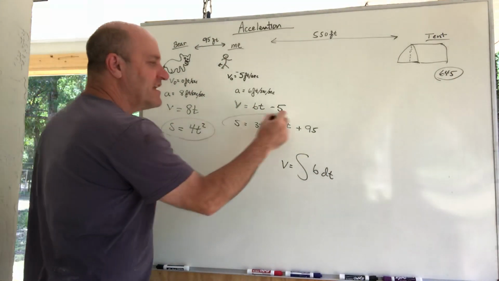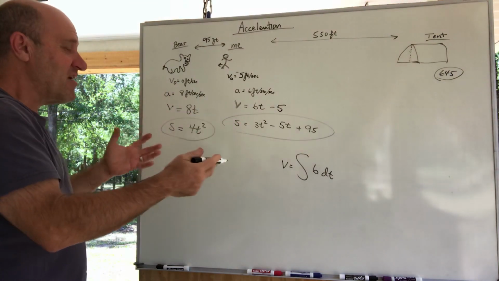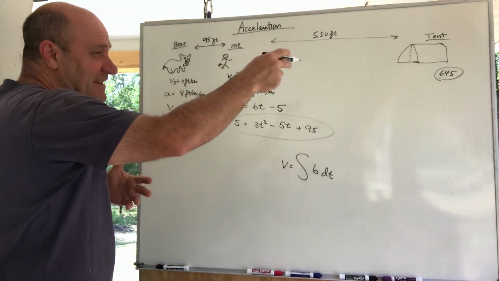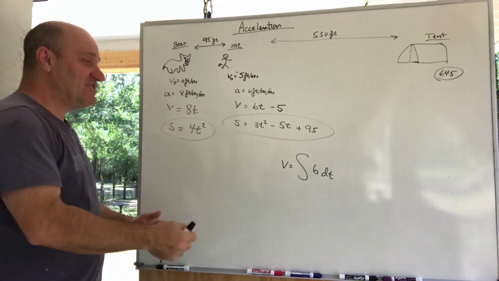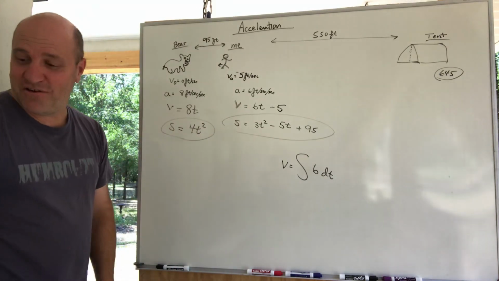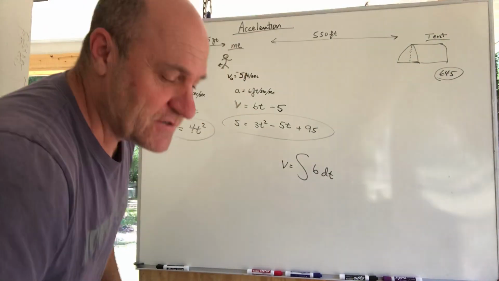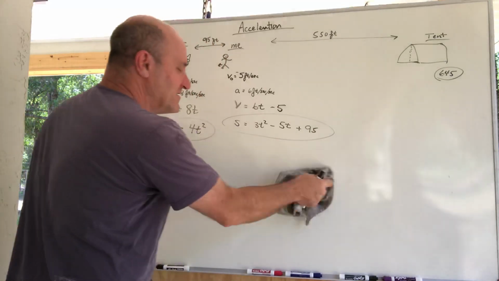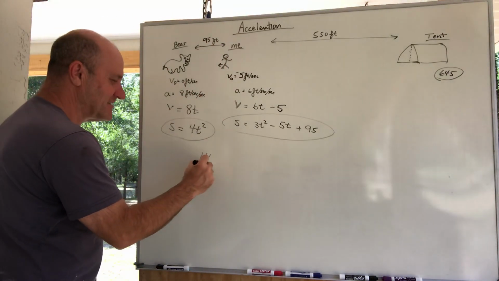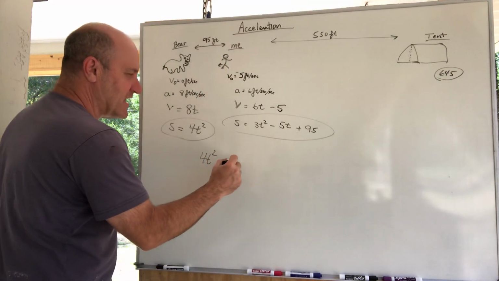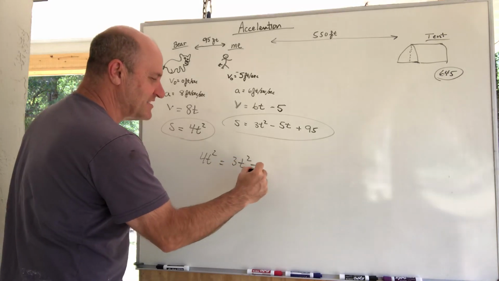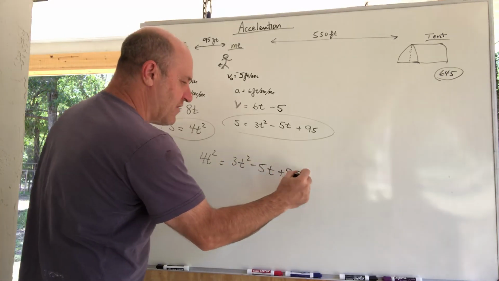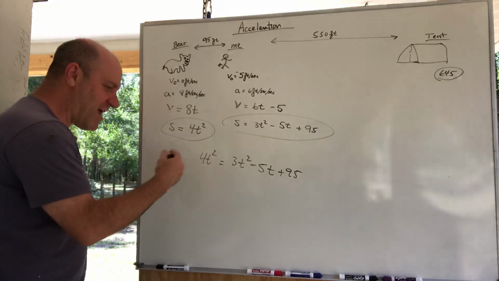So if the question is, when does the bear catch me, or can I make it to the tent, I should set these equal to each other and find out what the position is. I'm going to set his position equal to my position and solve this. I'll move everybody to this side.